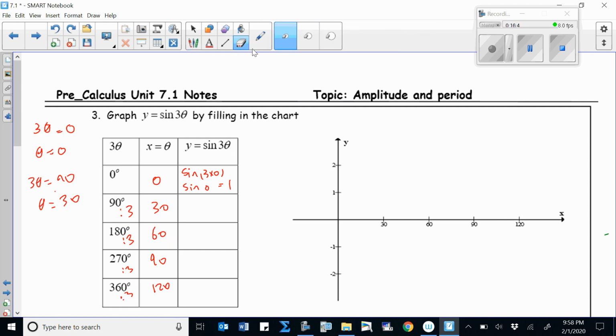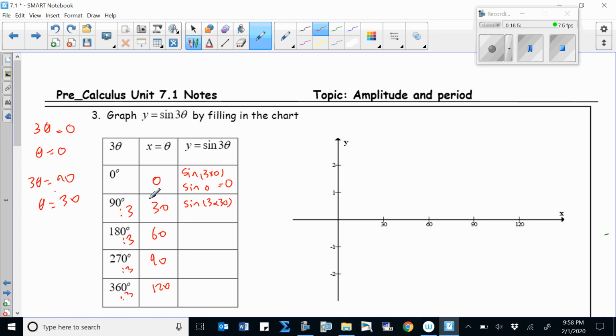Oh, excuse me, sine of 0 is equal to 0. For the next one, we're trying to find sine of 3 times 30, because we're multiplying 3 by the theta that we just found.